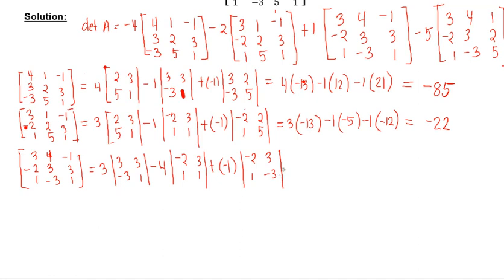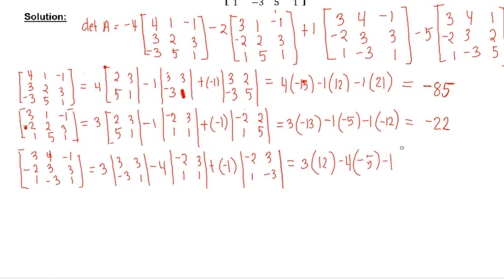So the leftovers, if we take the coefficient, that is equal to 3 times, we have negative 2 minus 3 times 1, that is 3, minus negative 9, so that is 12. So positive 12, minus 4 times negative 2 minus 3, that is negative 5.